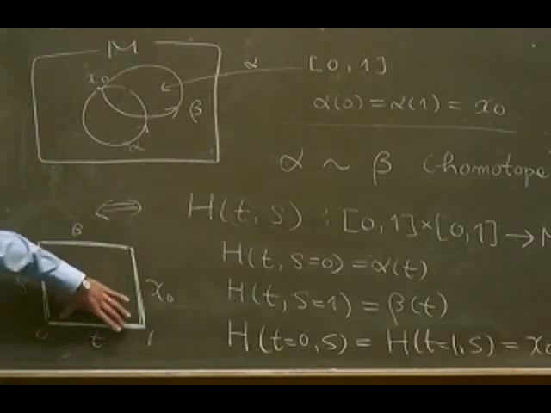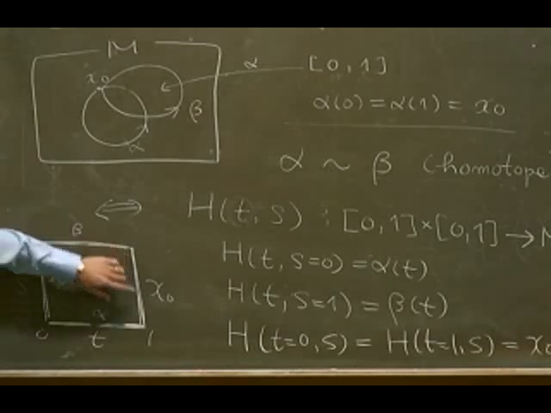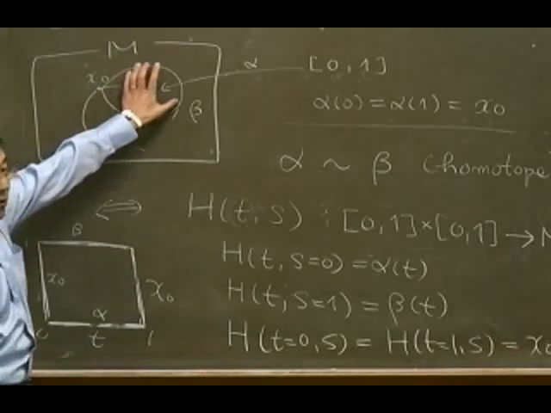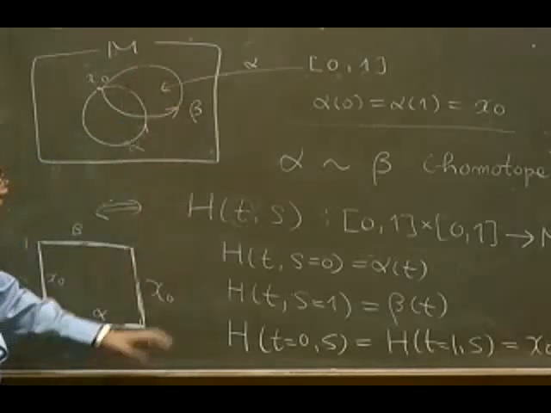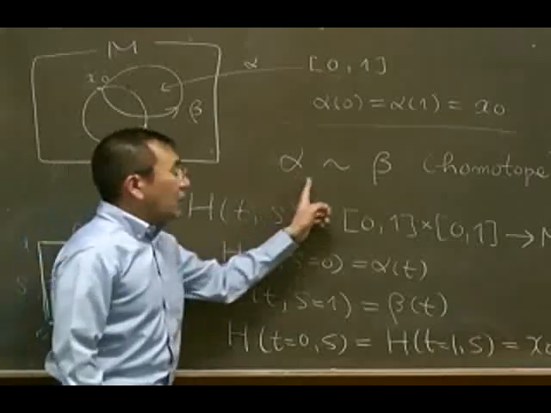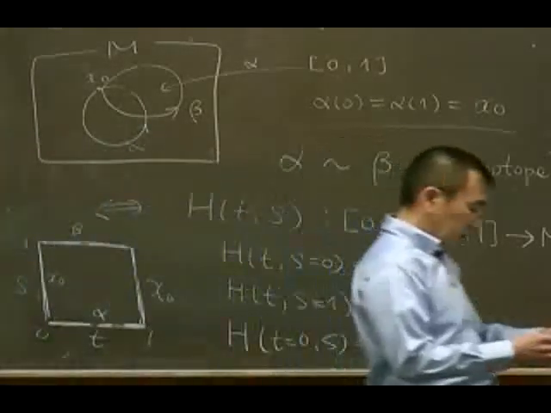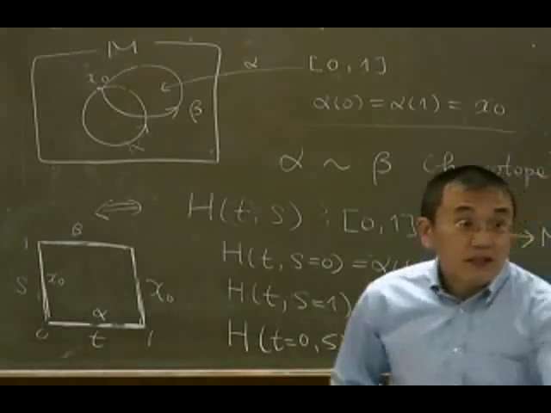So you start with this map alpha and continuously deform that to beta, keeping the endpoints fixed. So this image is continuously deformed over here. If such a continuous map exists, we say that alpha and beta are homotopic. Okay? I hope that's clear.